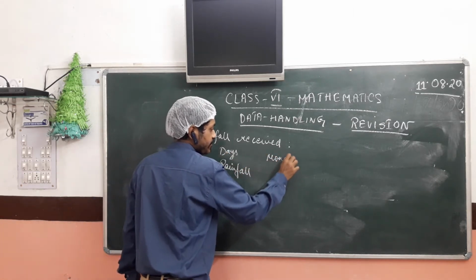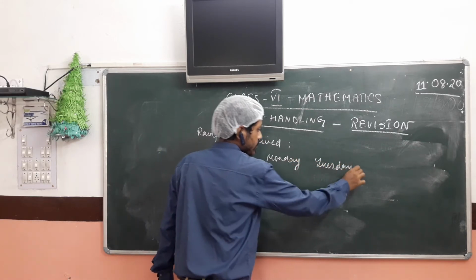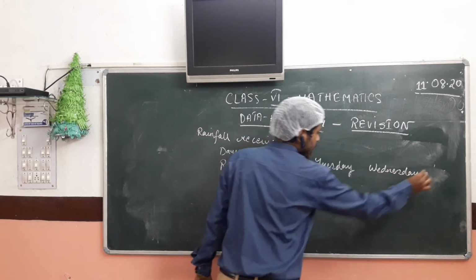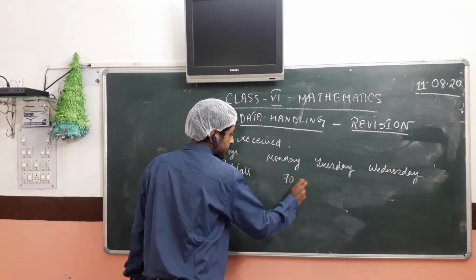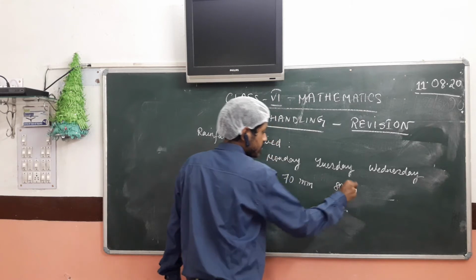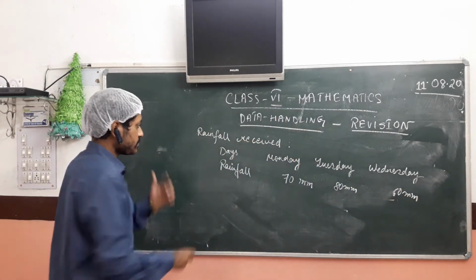We are considering 3 days, say Monday, Tuesday and Wednesday. Say on Monday it has received 70 millimeter, on Tuesday it has received 80 millimeter, on Wednesday it has received 60 millimeter of rainfall.